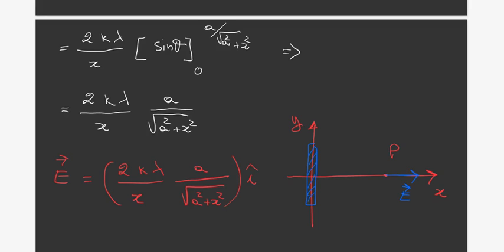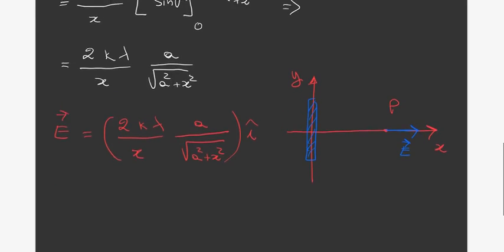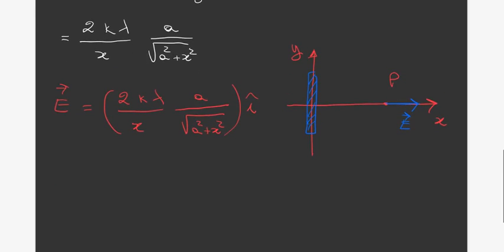Now the wire was a finite wire. Let me do one last step. If instead of a finite wire, I have an infinite wire, so my wire will continue above and below the x-axis, which means that the little a will reach infinity above and negative infinity below.